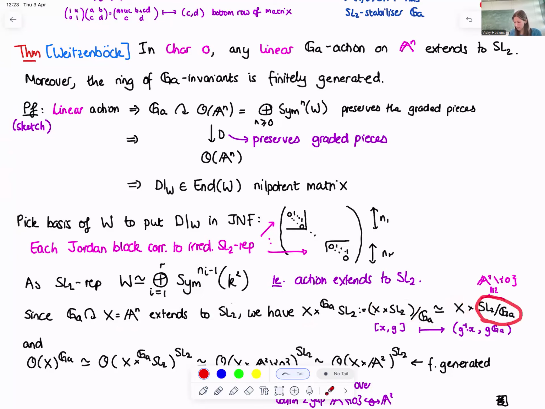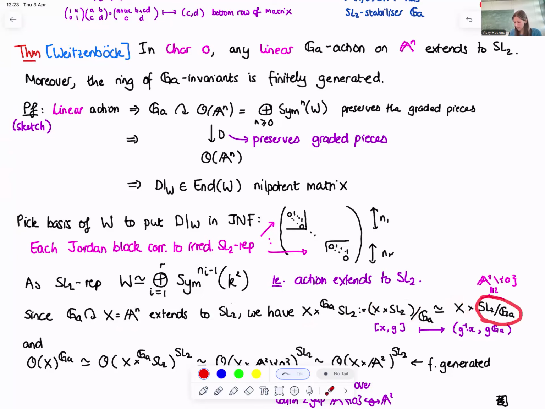Maybe I should put some brackets around this to make it clear that the quotient is just on this side. I wrote down the isomorphism for you here. And so you see that actually this Borel construction is this variety X cross A2 minus the origin.